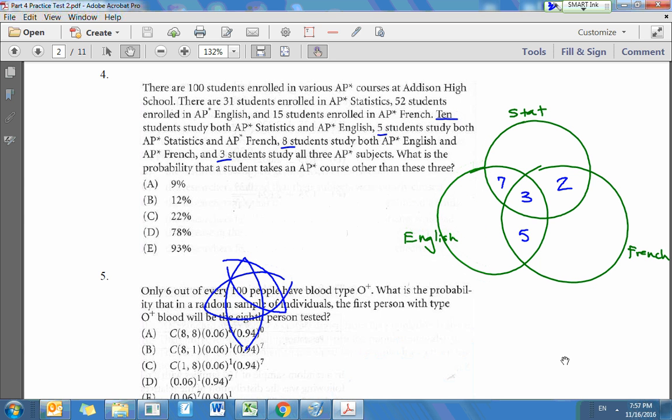Now, the students who are in only one of these AP classes. So I'm going to go back. 15 are in AP French. That's this region here. There's 15 there, but I do have 10 of them already in other AP classes, and so exactly 5 are only in AP French.